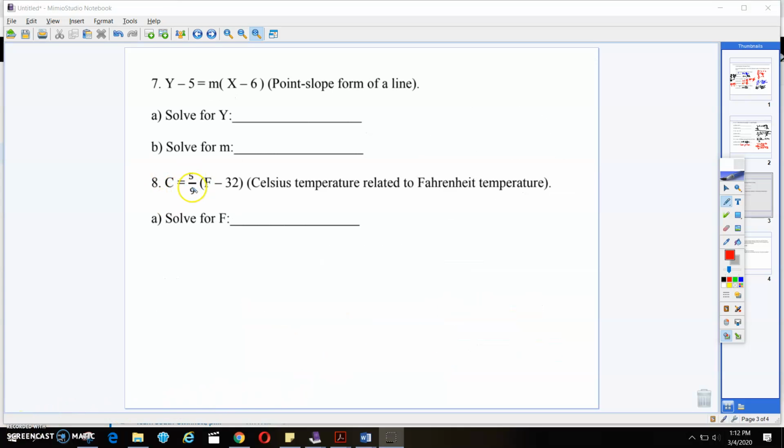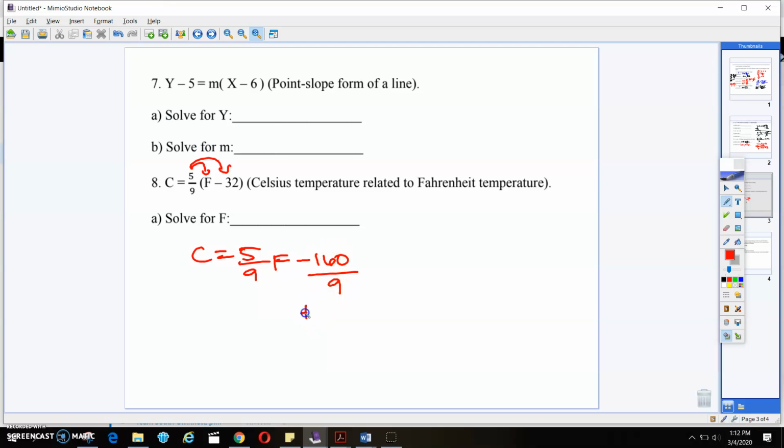So on 8, because we're skipping over 7, what's going to happen is you're going to multiply this out. So this is going to be c equals 5/9 f minus 5 times negative 32, which is negative 160 divided by 9. And I'm trying to get f by itself.